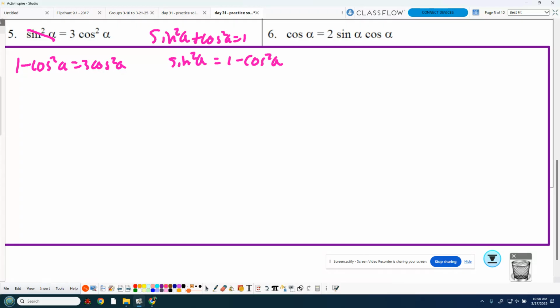Group 2, can you do the next step on the one on the left? Okay, can we do sine squared divided by cosine squared? Can cosine be 0? Cosine can be 0, so am I allowed to divide by cosine? Not a good idea. In this case, it will work, but it's not a good idea.